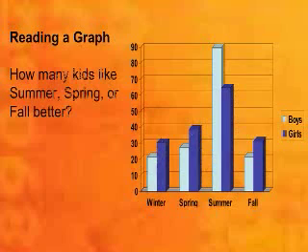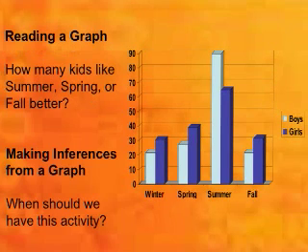So they might look at a graph and say, how many kids like summer better, how many like spring better, how many like fall better, whatever it is. And if you say, well, how many do like spring better, they can look at the graph and tell you how many. Then you say, so when should we have this particular activity? And they don't really know how to use the graph to help them make this kind of inference.